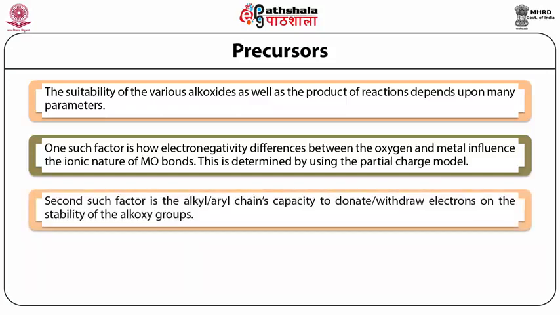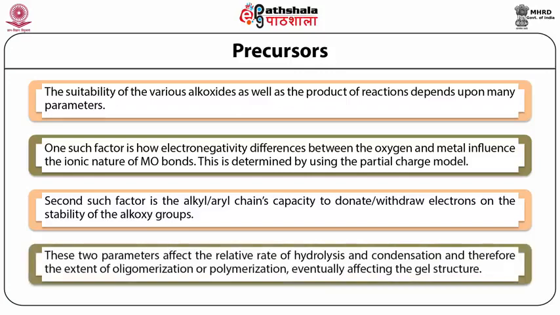Second such factor is the alkyl or aryl chain's capacity to donate or withdraw electrons on the stability of the alkoxy groups. These two parameters affect the relative rate of hydrolysis and condensation, and therefore the extent of oligomerization or polymerization, eventually affecting the gel structure.